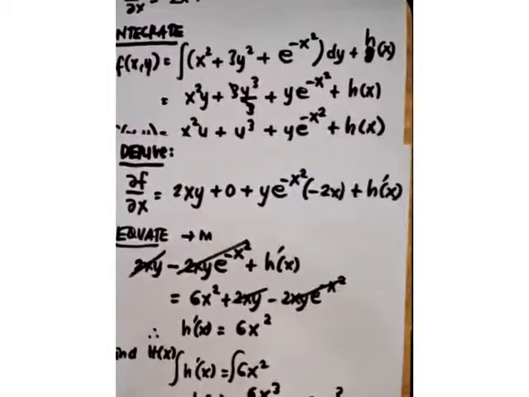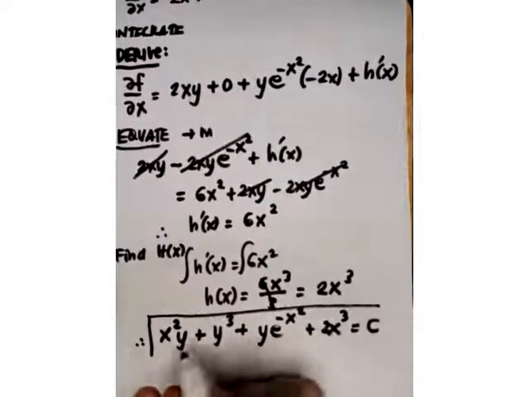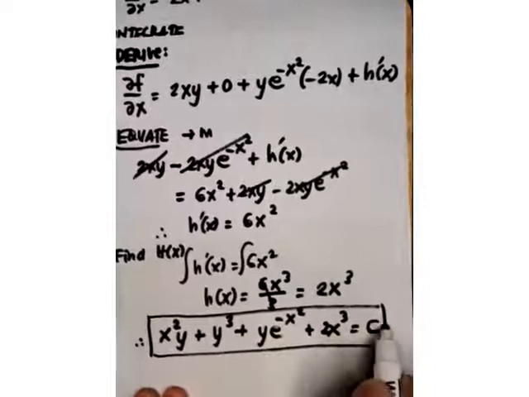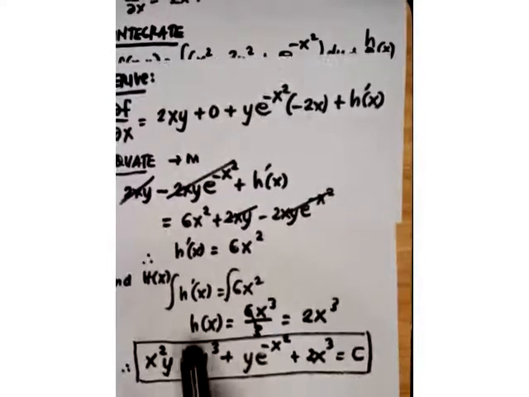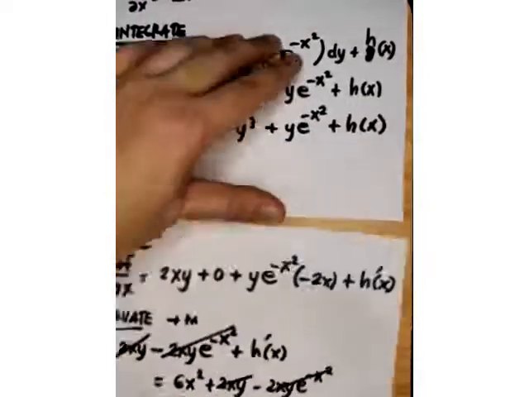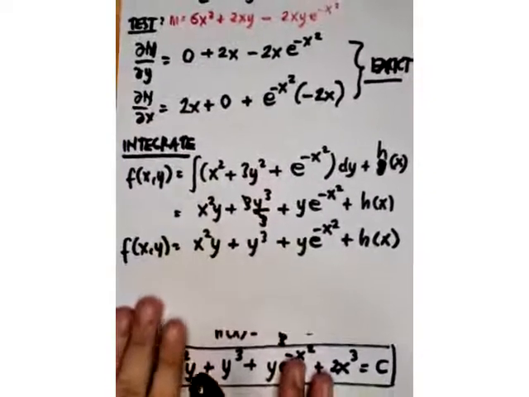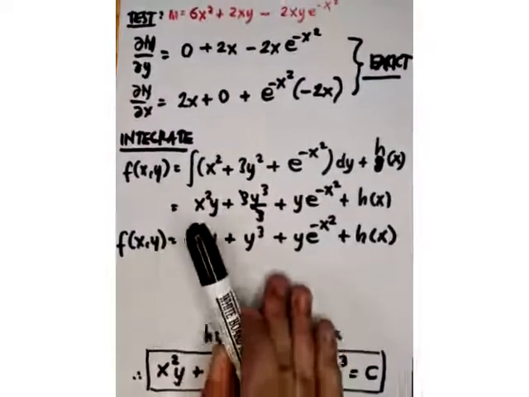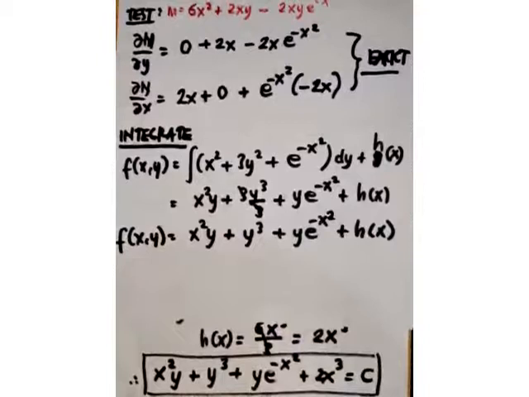So this is our final answer. Pagkakuha natin nung h of x, isa-substitute lang natin siya dito, dun sa function before derivation. Ayan, and then we just equate it to c. So that will be our final answer.